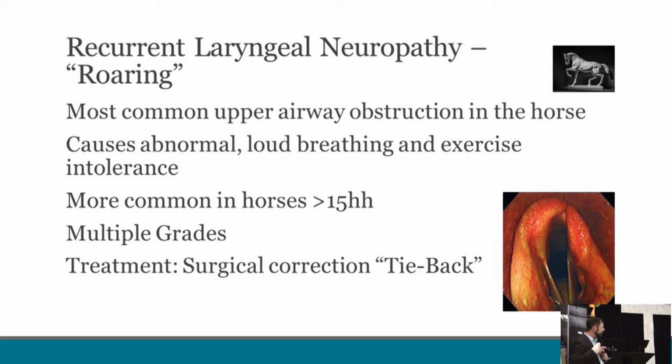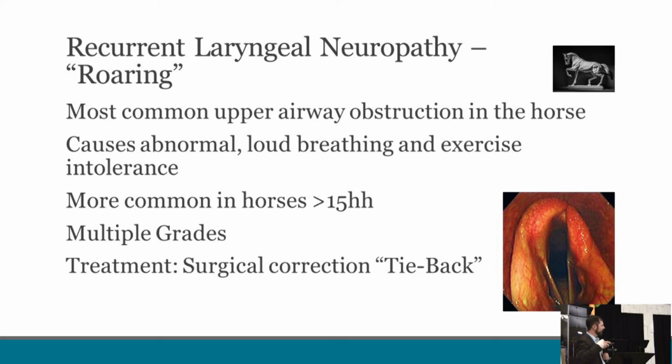And so this is an abnormal larynx, and you can see it's abnormal on one side, okay? This side here, which would be the horse's right, our left, is basically a normal larynx that is abducted or opened up. But when they have paralysis, hemiplegia or neuropathy means that they've basically got paralysis or some degree of paralysis on one side of their larynx, okay?